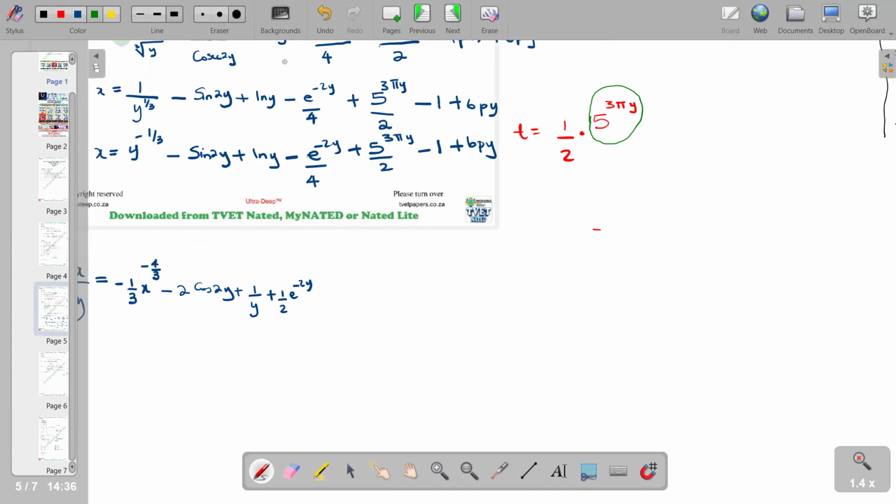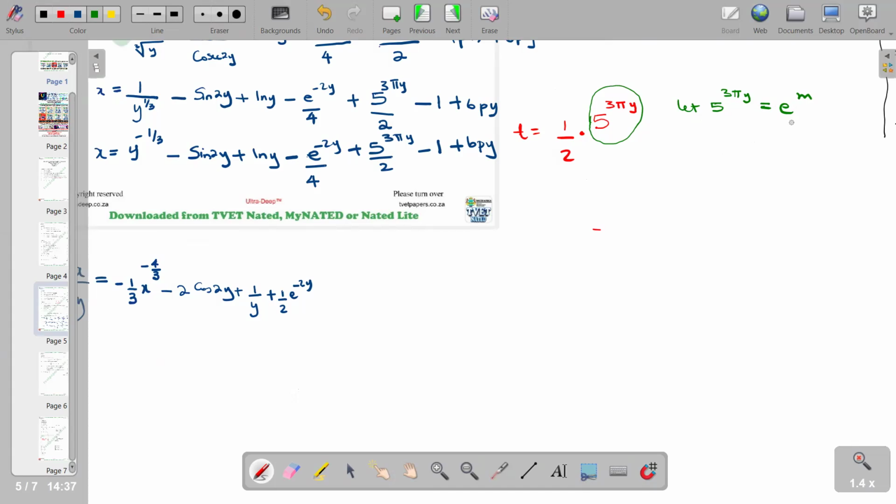So let's say that exponent, 5 to the power 3 pi y, let it be equal to e to the power m. Then we calculate the value of m there.